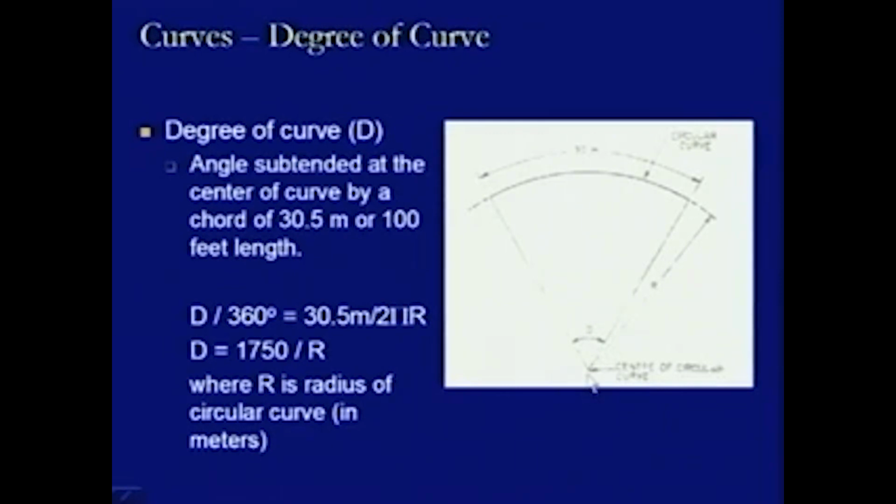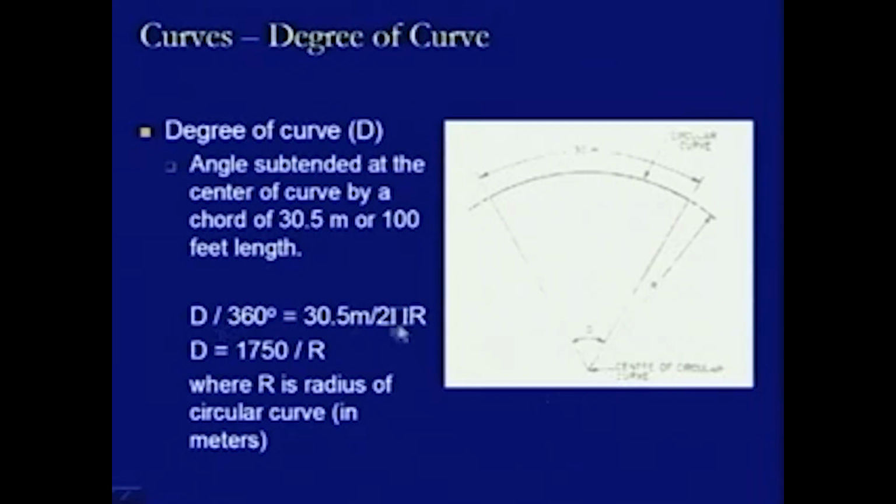So, this is how it is found out. If we go from the center of the curve up to the curve, this is the radius of this curve, and there is a relationship between the degree of the curve and the radius. This is the distance being moved, this is the angle and this is the radius.